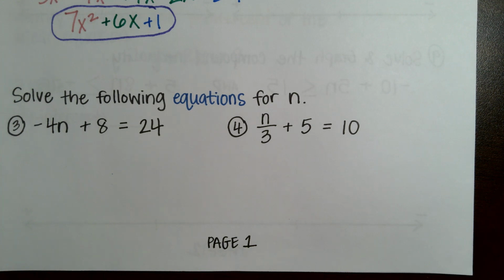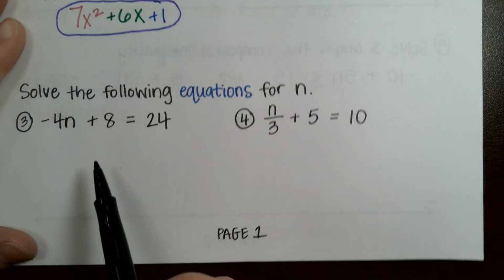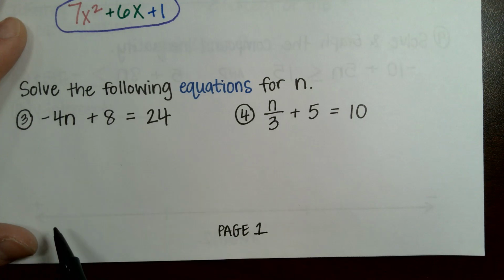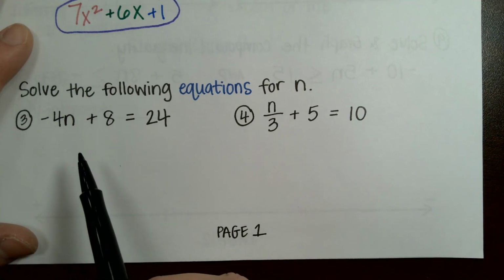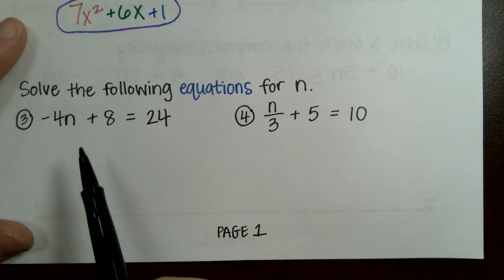Yes, so we're doing things backwards when we solve for a variable. Remember the word inverse? So we're doing things in opposite order, and we're doing opposite operations. So if I had a +8, I would do what? Yeah, I would do a -8.